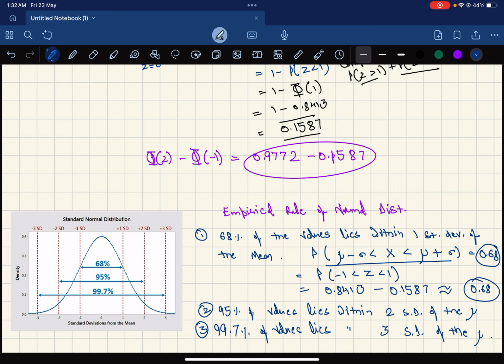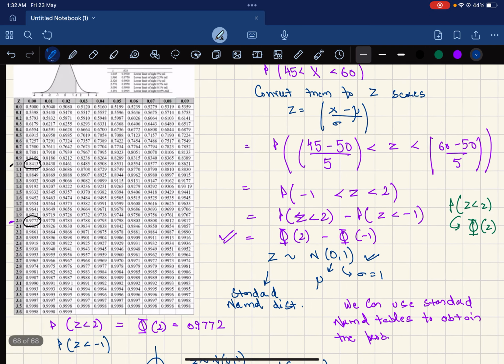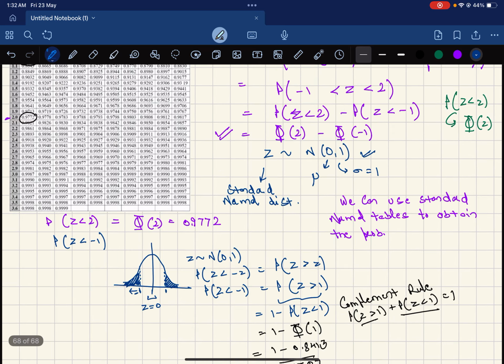So these are the 3 rules which one can remember, because they can quickly be used to get the probabilities for normal distribution. So this is how we calculate the probabilities for normal distribution in general.